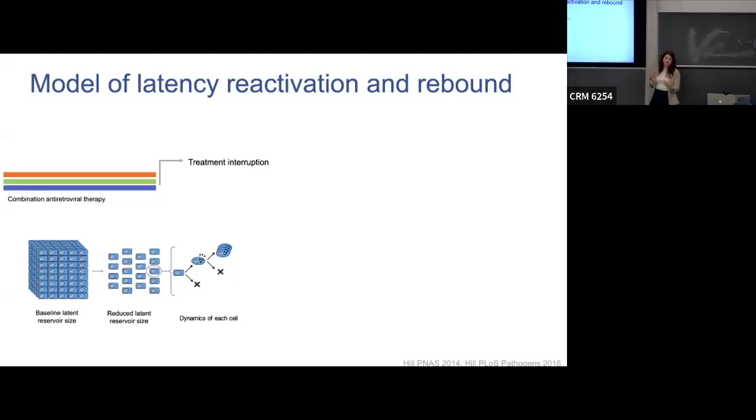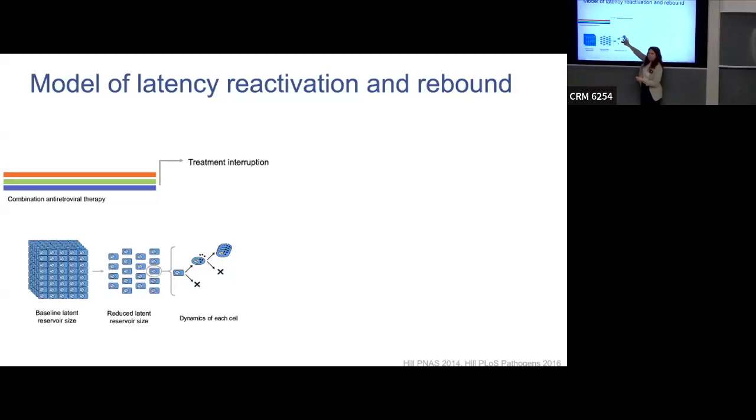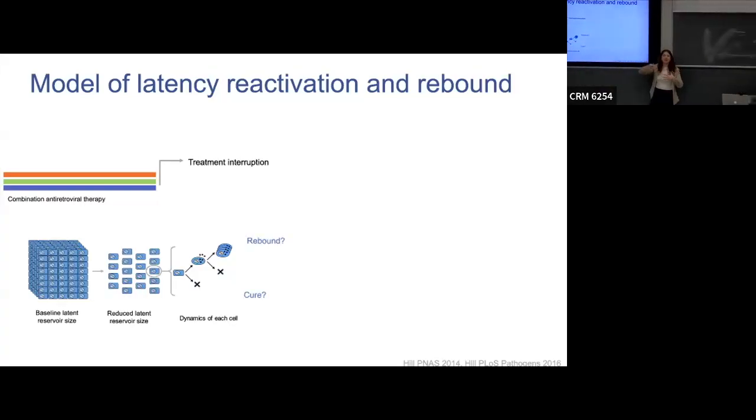Those cells do not have an infinite lifespan. Or it might reactivate, start producing virus, and lead to some cluster of infected cells if that cell itself doesn't die. And that could proceed all the way up to eventual viral rebound. If enough infection events happen, we get the degree of virus that can actually be detected.